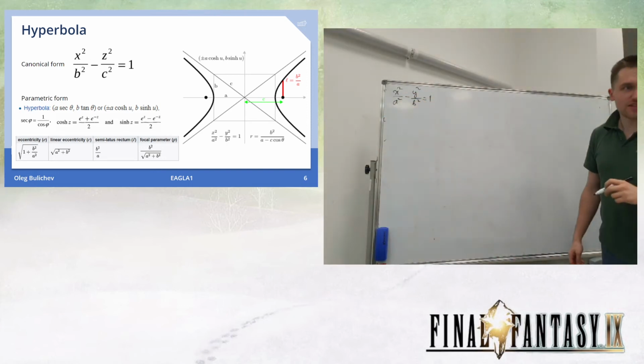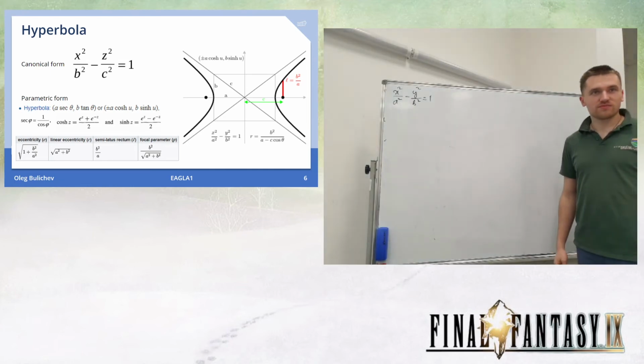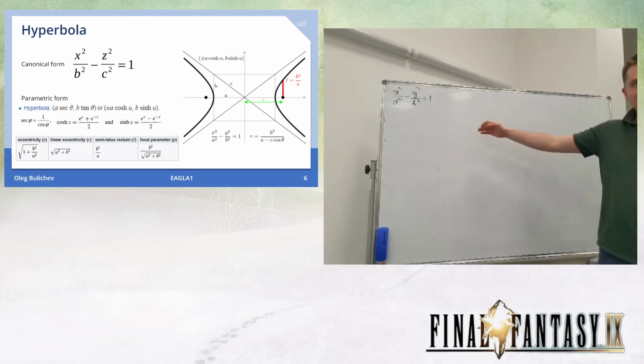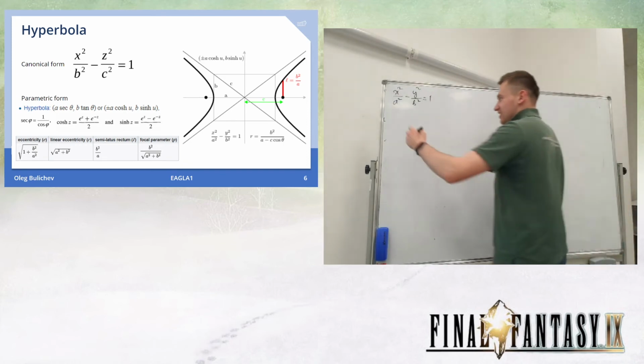So let's start. Vertices. Okay. Minus plus a, 0.